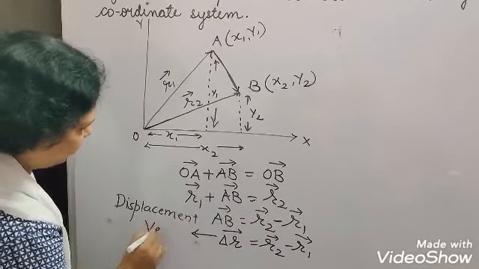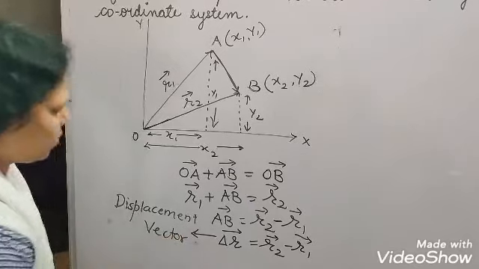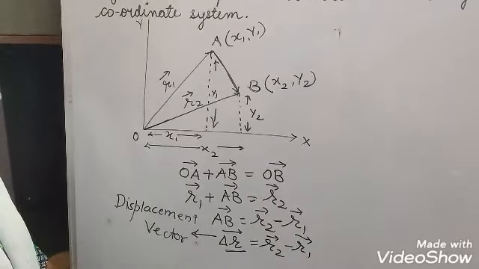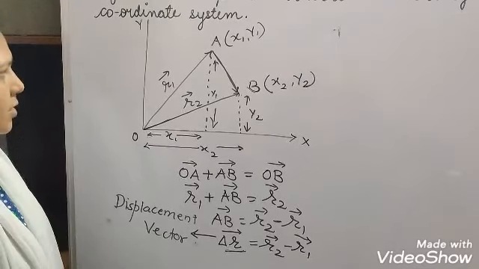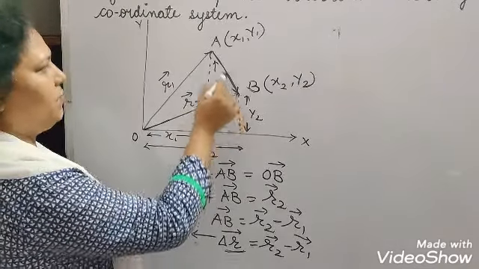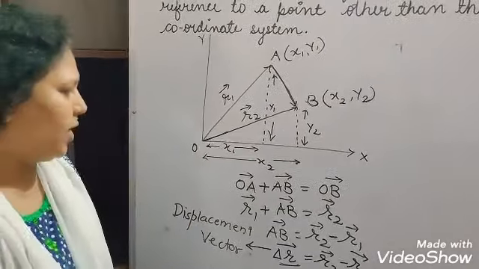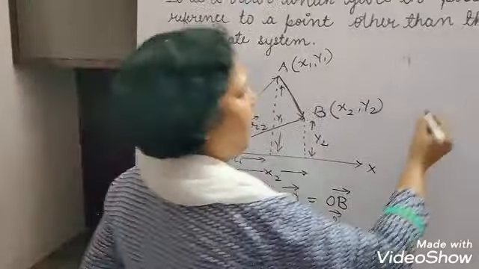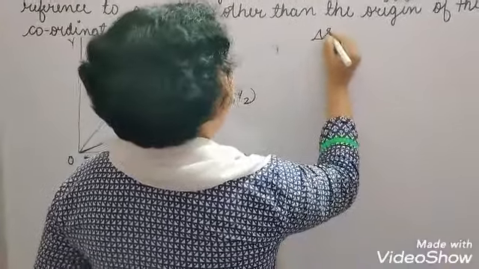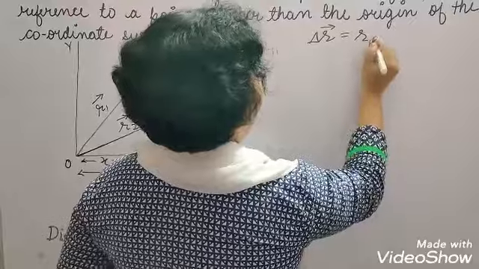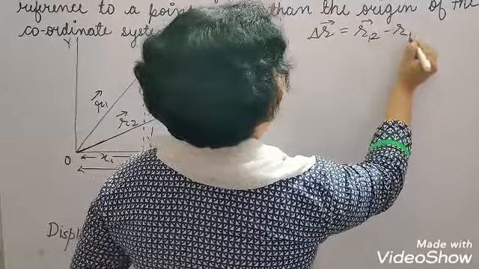Why is it called the displacement vector? Because this quantity will give us the position of B with respect to A, which is not the origin. Okay, so what we have calculated here is that the displacement vector del r is equal to r2 minus r1.